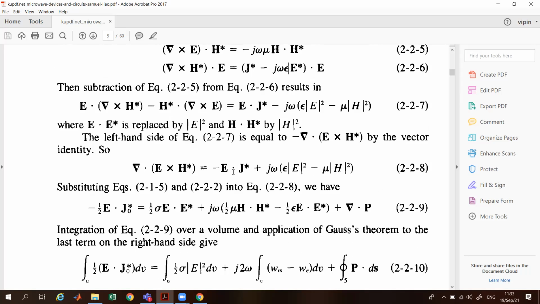If you see E vector dot J vector conjugate, as we know, J is also equal to sigma times E, so we can write it as minus E vector dot J vector.